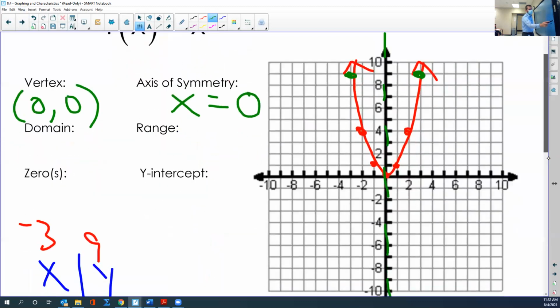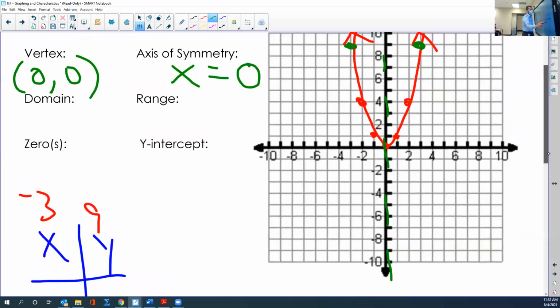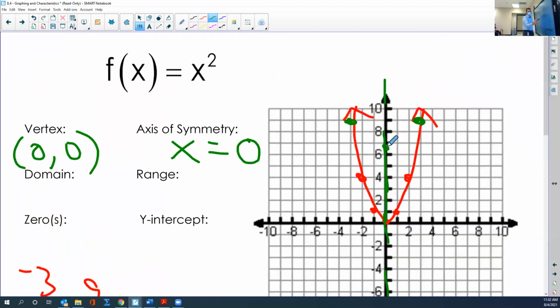Let me zoom in here just so that you can see. Okay, if I were to say we are starting out at the vertex, and I want to get to this point, and you were giving me directions, what would you say? Right one, up one. So we want to think about that when we are graphing this.